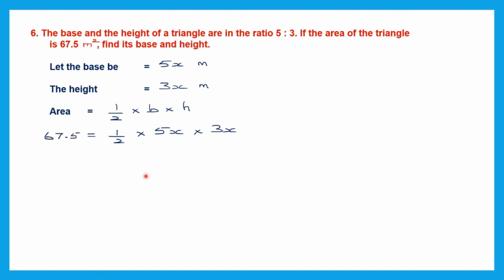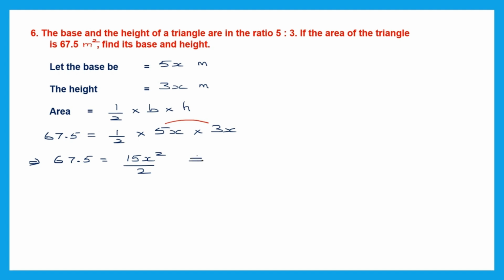Now let's work out and see what we get here. There's nothing to be cancelled. So we have to multiply the numerators 5 into 3. The denominator remains the same. So 67.5 is equal to 5 3's are 15, 15x square divided by 2.